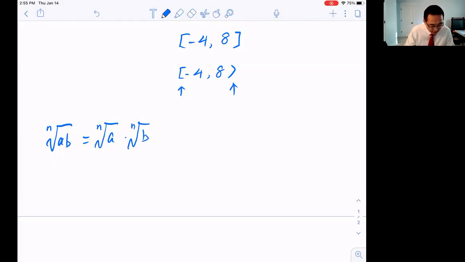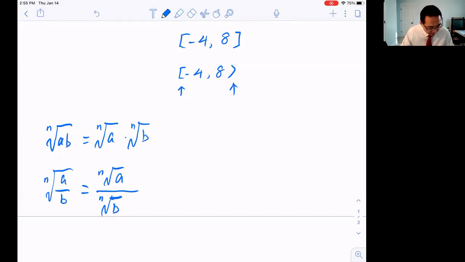Another one is that the nth root of a divided by b equals the nth root of a divided by the nth root of b. And then the next one is when you have the mth root of the nth root of a. Then these two you just multiply together. That equals the m times nth root of a.